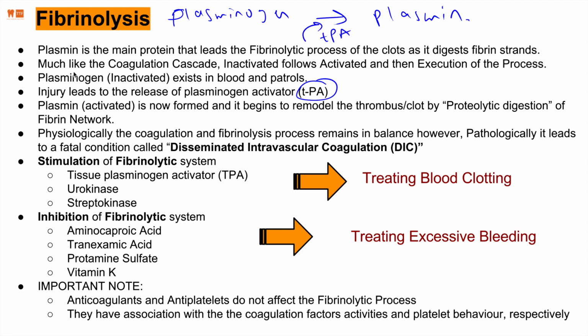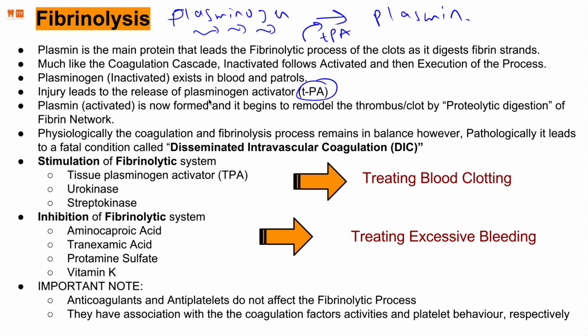Now, much like the coagulation cascade, inactivated follows activated, then execution of the process. Fair enough? So plasminogen exists in the blood and patrols the blood. It just walks around, looks for anything that it needs to cut, like a blood clot, it just looks out for it.